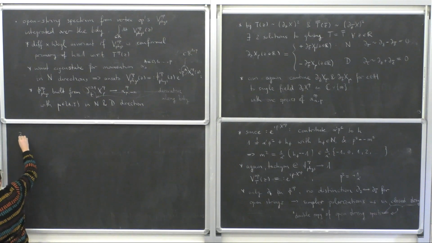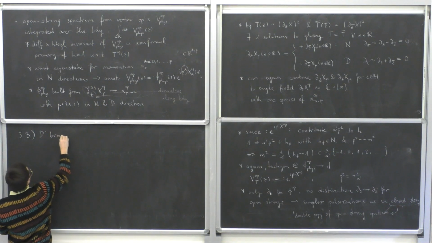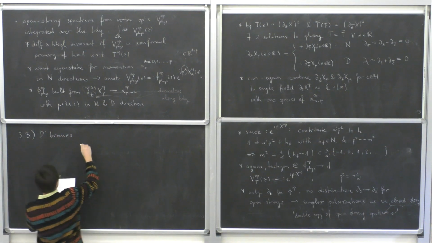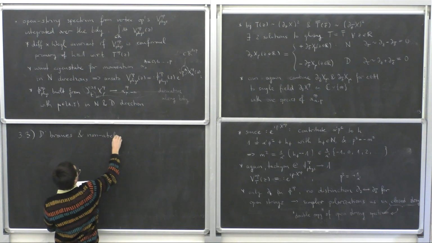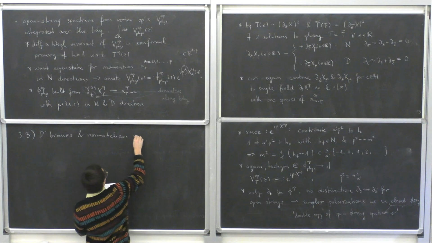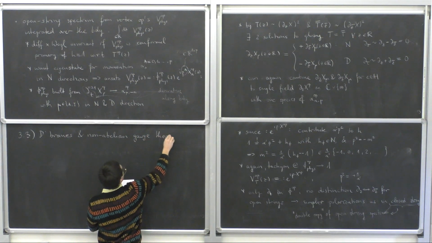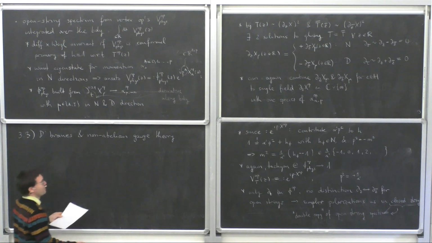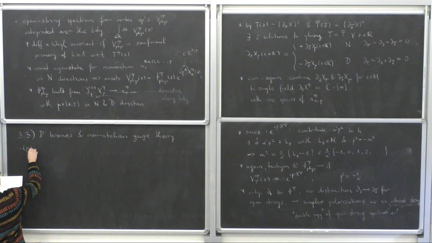The highlights of this next section are both D-branes and non-abelian gauge theory. In case you got a bit dizzy from all the statements of rules, this is now an excellent moment to wake up.